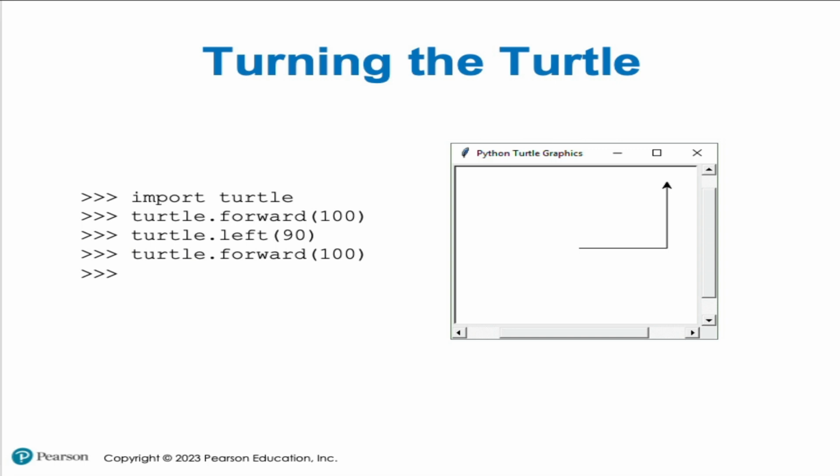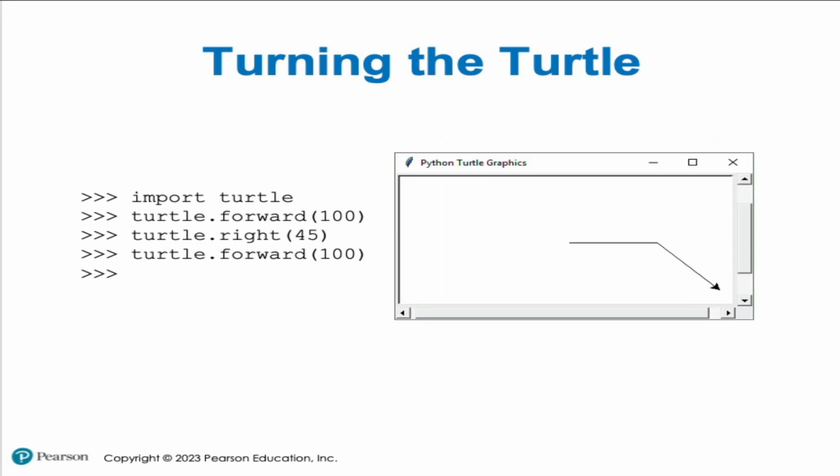So if we executed these 4 Python lines of code, this is what our graphics screen would look like. Here's an example where we go forward 100 and then we turn right 45 degrees, and then at that orientation go forward 100 pixels. So executing these 4 lines of code would yield this graphics window.